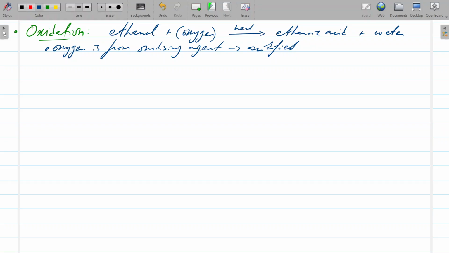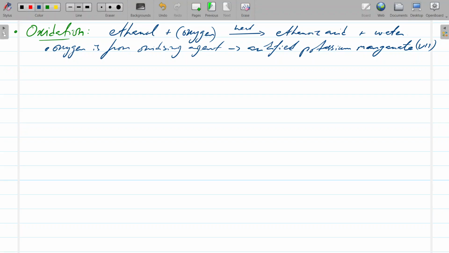Let me write that down. Acidified potassium manganate 7. So it's an oxidizing agent that's providing the oxygen. It's not directly reacting with the oxygen in the air, and so it's not combustion.